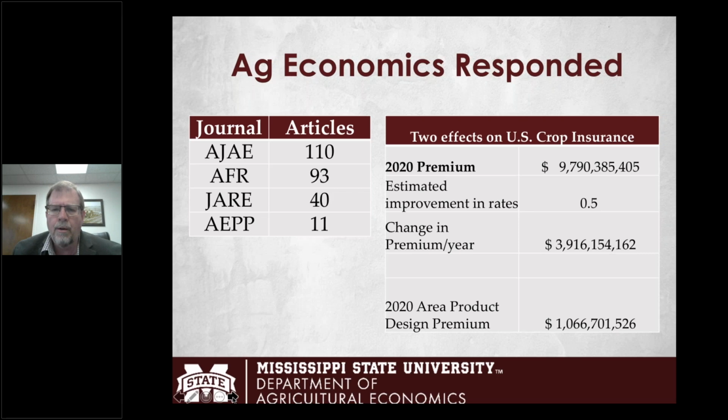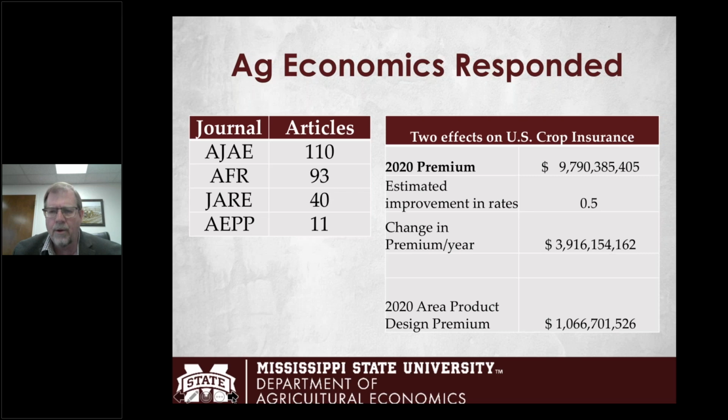And I would argue, and I'll show some citations here in a moment, that because of these various studies that have been done, the loss ratio of that program has dropped by about 0.5. Maybe that's a little too high. Maybe it's a little too low.